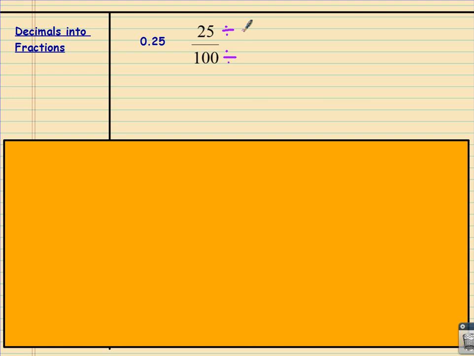Both these numbers are divisible by 5. 25 divided by 5 is 5. 100 divided by 5 is 20. Now if we're working like this, we always have to make sure that this is in simplest form. But right here I notice that these two numbers are both still divisible by 5.